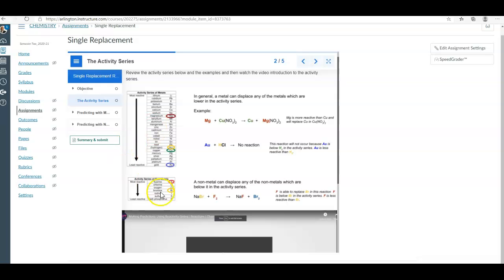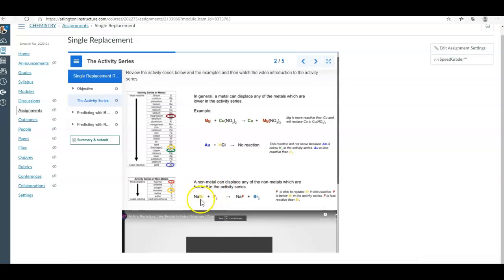Now, if you look at this second half of the activity series for non-metals, you could see the same thing. The non-metals, in this case most of them halogens, are arranged in order of decreasing reactivity. So fluorine is more reactive than all the other non-metals below it.